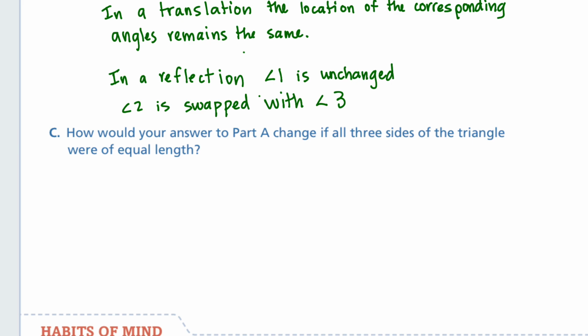How would you answer part A, or how would your answer to part A change if all three sides of the triangle were the same? Well, in this case, we would also have rotational symmetry.